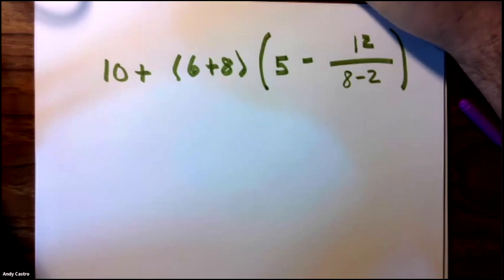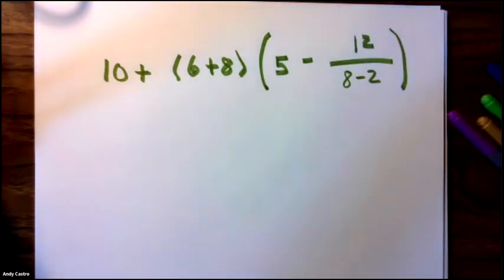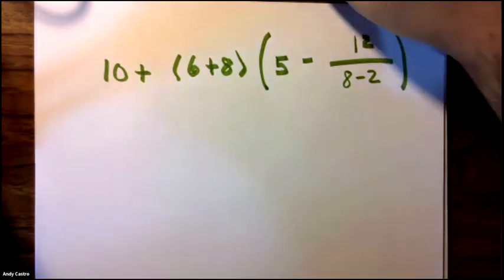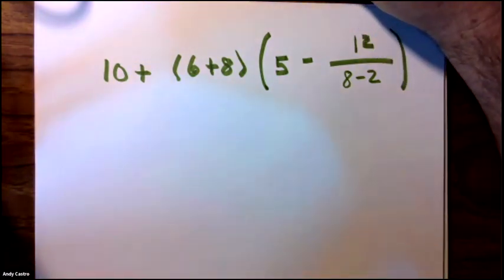All right, so far I have 1, 2, 3, 4 answers, but nobody has the right answer yet. Give you guys a little bit more time. Let me make sure I wrote that down correctly.